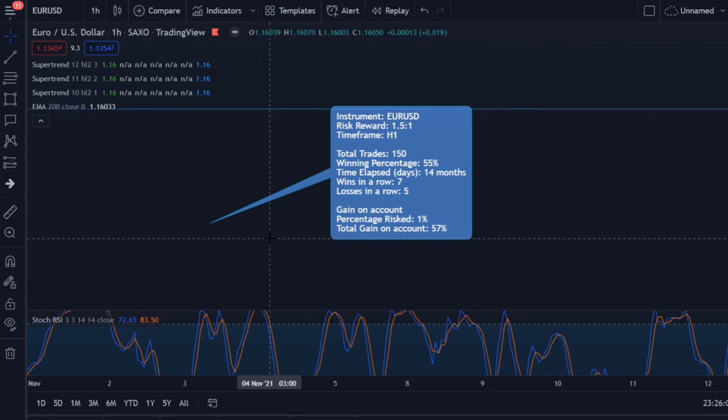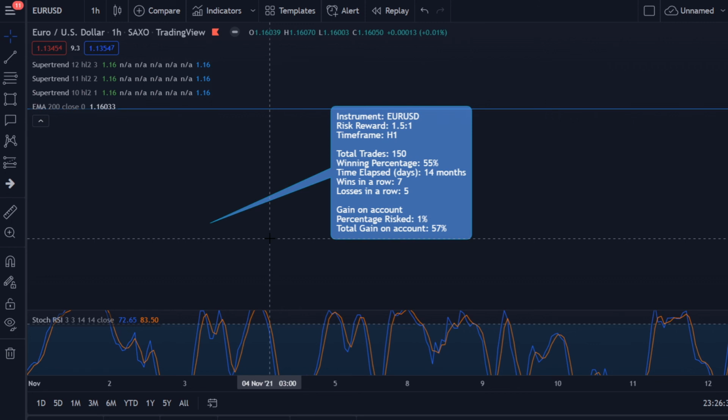And how can you optimize this trading strategy? Of course you need to look for trends, because as I mentioned earlier, this trading strategy really accelerates when you are trading trends. So make sure to look at the higher time frames first, let's say the 4-hour, the daily, for example.